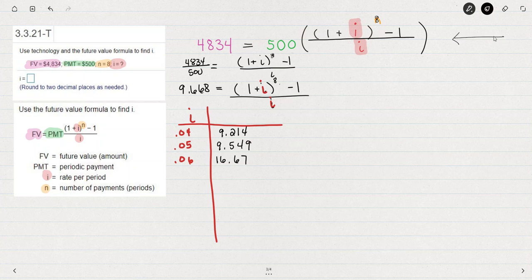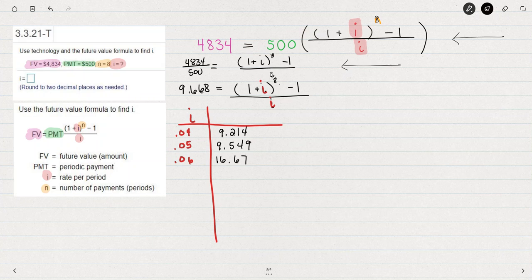Here's the equation. Now, if I divide both sides by 500, that's what I'm doing here in the second line, then I'm going to get 9.668. That's not a decimal approximation. That's 4,834 divided by 500 gives us this terminating decimal, 9.668.